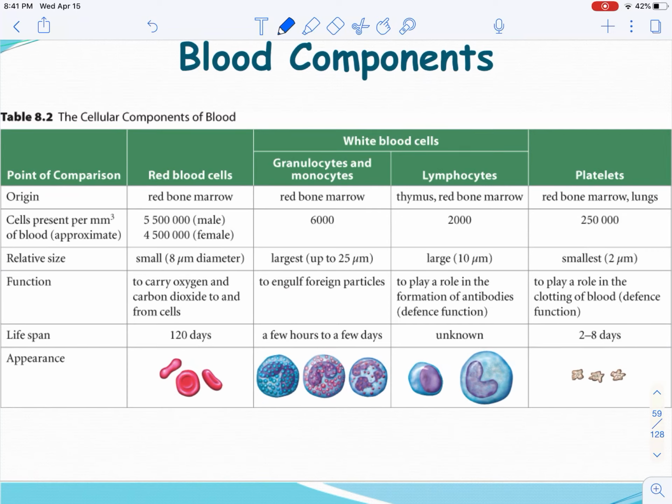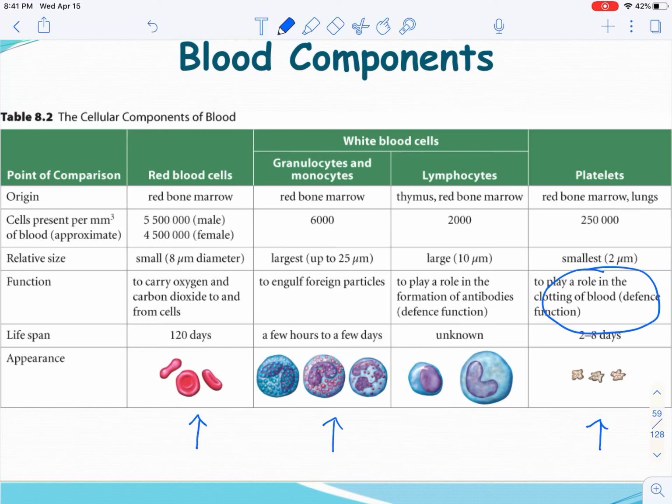In this graph, you can see some of the characteristics of the cells that we have. Red blood cells live about 3 months, white blood cells, really for your immune system, live an average of a couple of days. And then we have platelets that also live a few days, but they are basically little cell fragments, really tiny, and they are used in the clotting reaction.